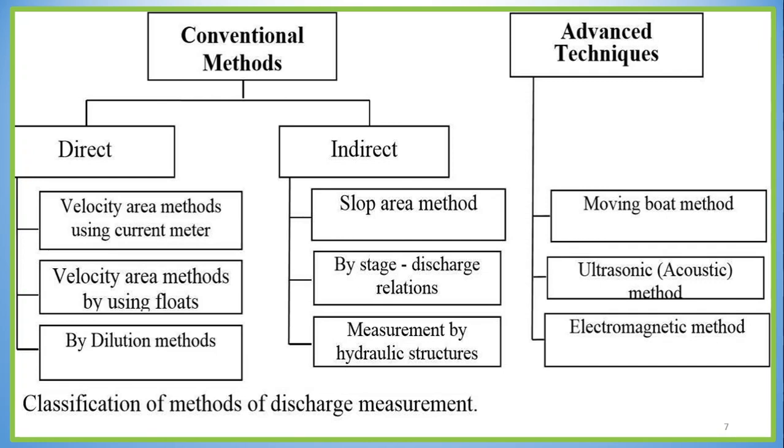By dilution methods, we can measure the velocity and discharge. Indirect methods include the slope area method, then stage discharge relationships and measurements by hydraulic structures. And advanced techniques include the moving boat method, ultrasonic method, and electromagnetic method.